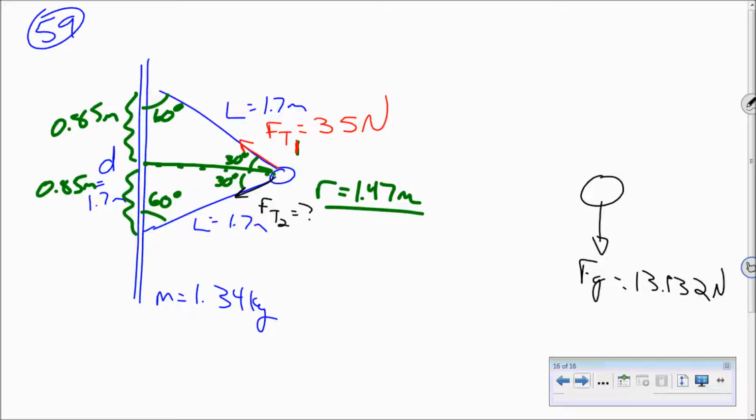Good? All right, my tension 1 has an x component and a y component. Force of tension 1 in the x direction, force of tension 1 in the y direction. And since I know the hypotenuse is 35 and I know my angle's 30 degrees, I can figure these both out, right? This one's going to be 17.5 newtons, and the x component turns out to be 30.3 newtons.